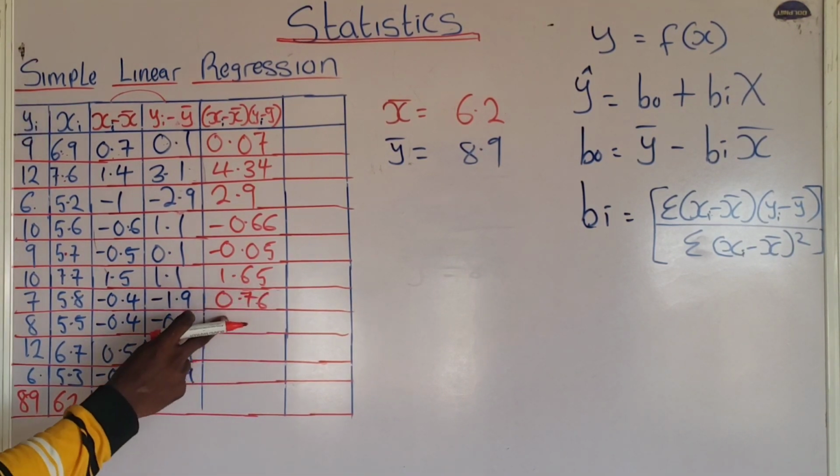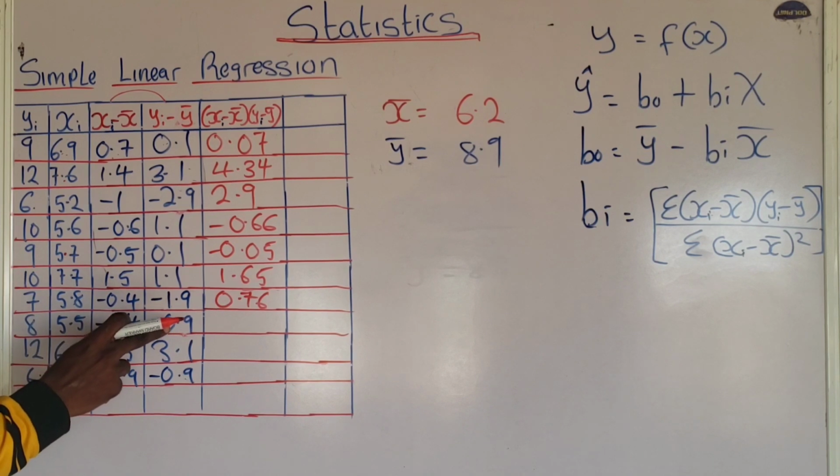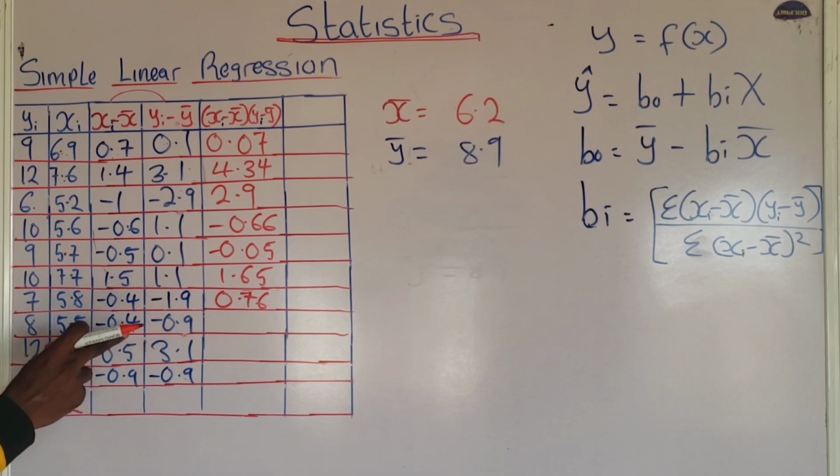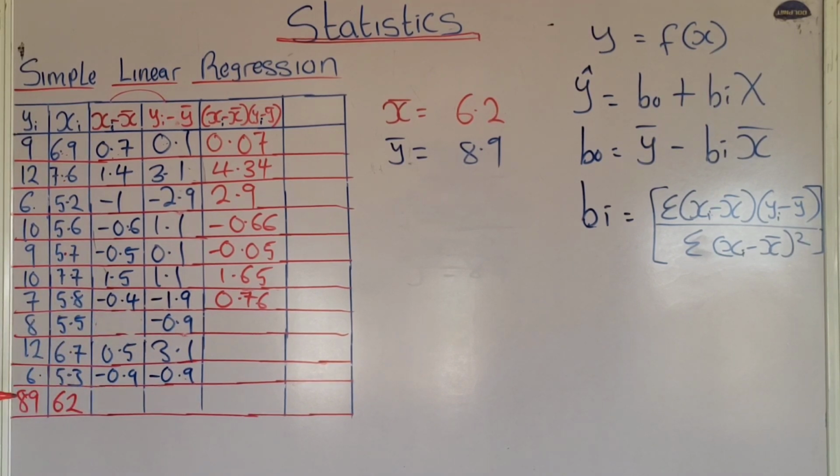So here I'm going to have negative 0.4 multiplied by negative 0.9. What's happening? Please, kindly pay attention. I think the values here are not correct. I'm sorry, I think it is because I'm rushing that I made a mistake. See, let us get the value of these cells.